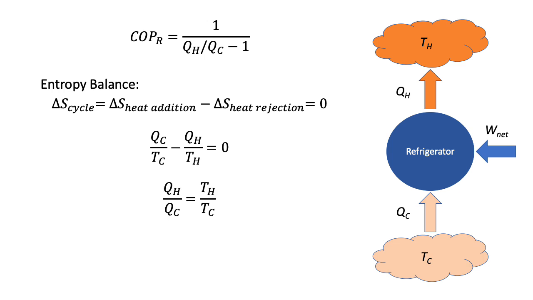Rearranging that, we get that QH upon QC is equal to TH upon TC. The coefficient of performance of the refrigerator, therefore, is equal to 1 upon TH by TC minus 1.